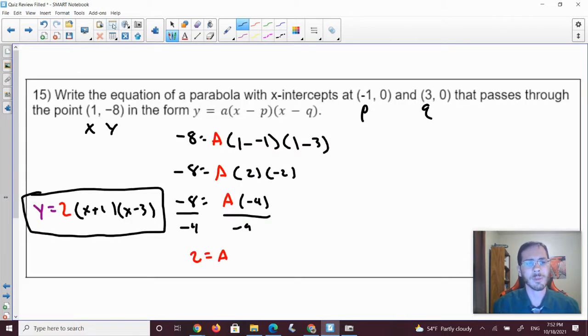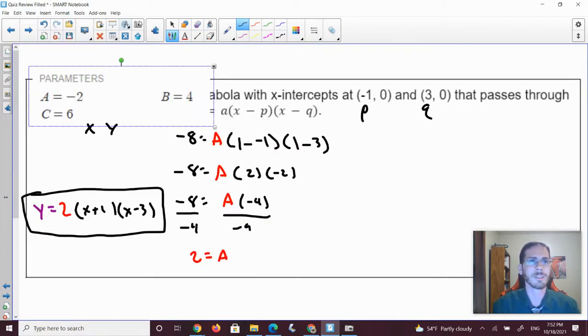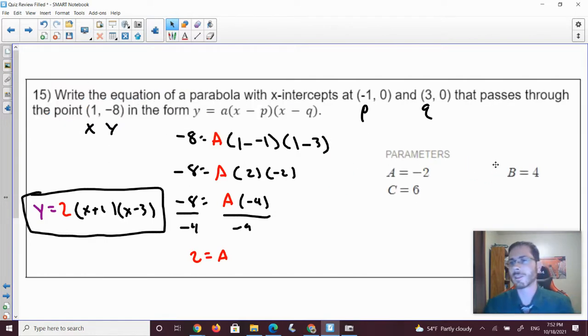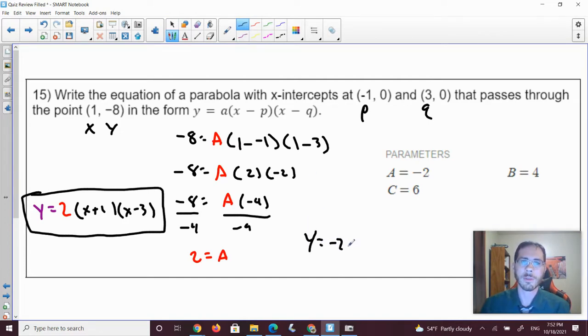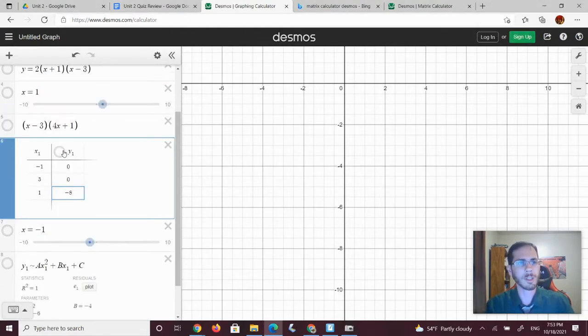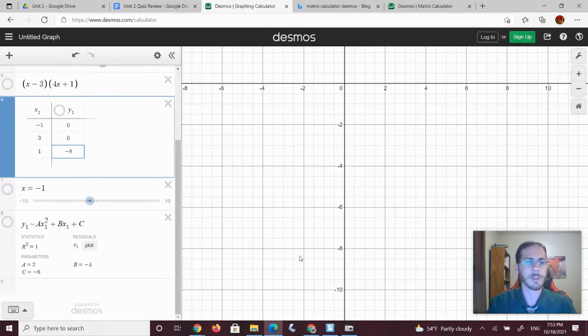But is that helpful here? Not particularly. Because what am I going to do with this information? Well, with this information, I can write the equation y equals negative 2, which that doesn't seem right. 1, 8, 1, negative 8. So my a value should match up, and I like my a value from before. All right, there we go.